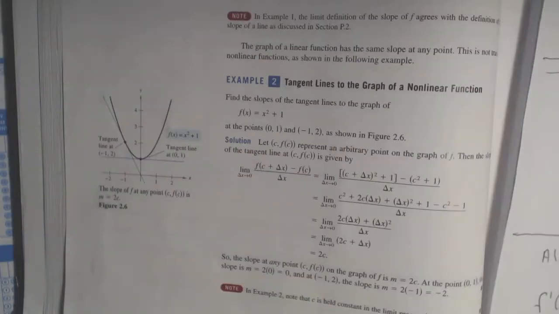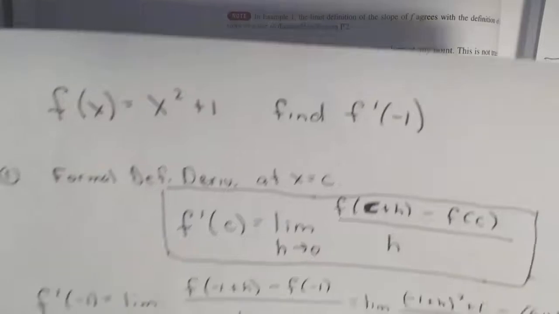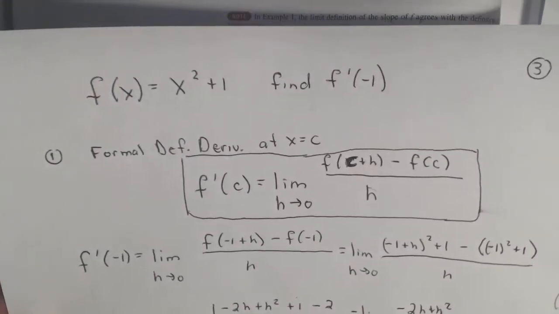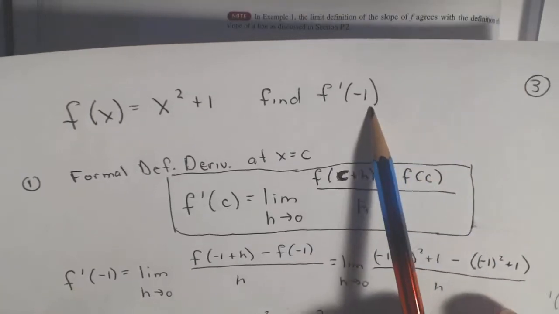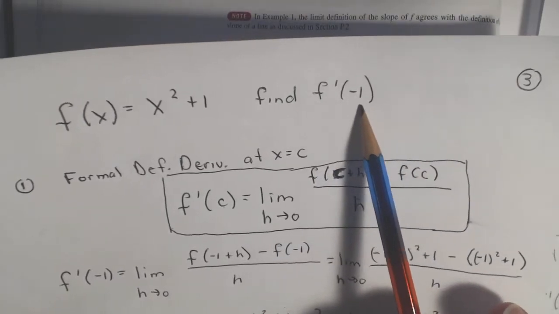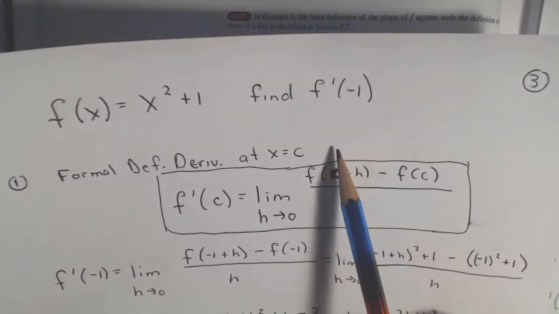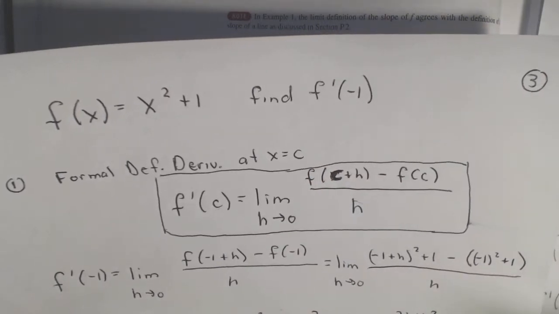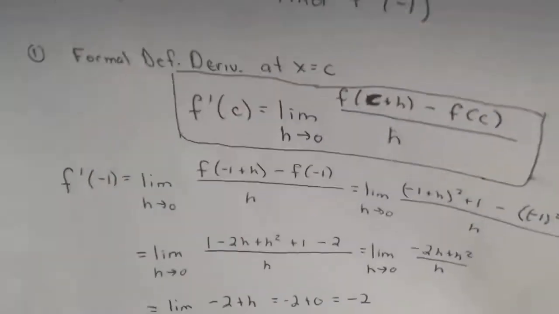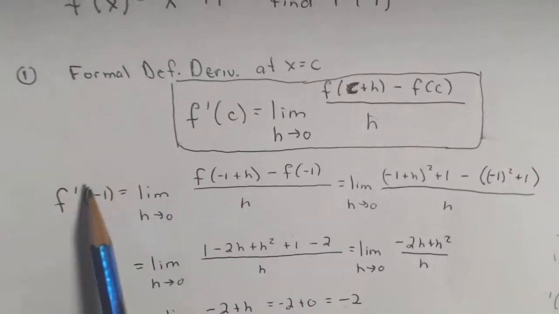So I've done that for the same problem that we just looked at. f of x is x squared plus 1, and we're going to find f prime of -1 using our formal definition at a point as opposed to the formal definition overall for x. It's the same definition. So here we go.